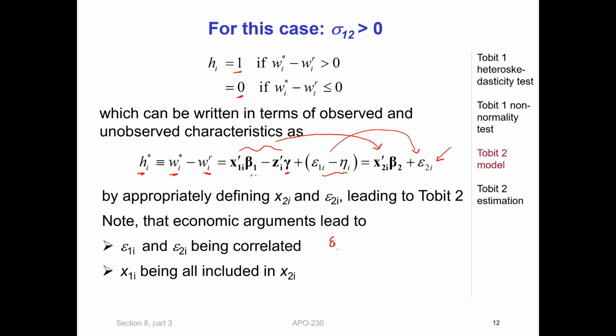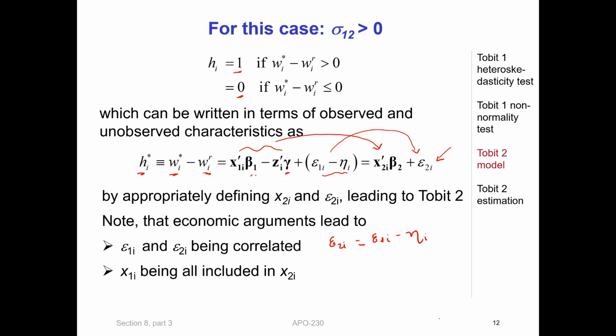Because epsilon 2i equals epsilon 1i minus, unfortunately, I've forgotten how to call this Greek letter. Perhaps you could help me tomorrow. Okay, so it's a function of epsilon 1i, and therefore we should expect that the two are correlated, right?